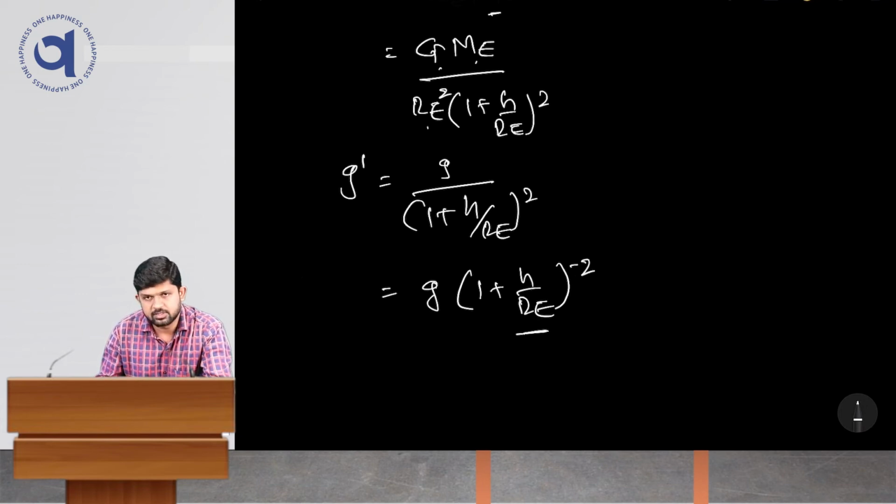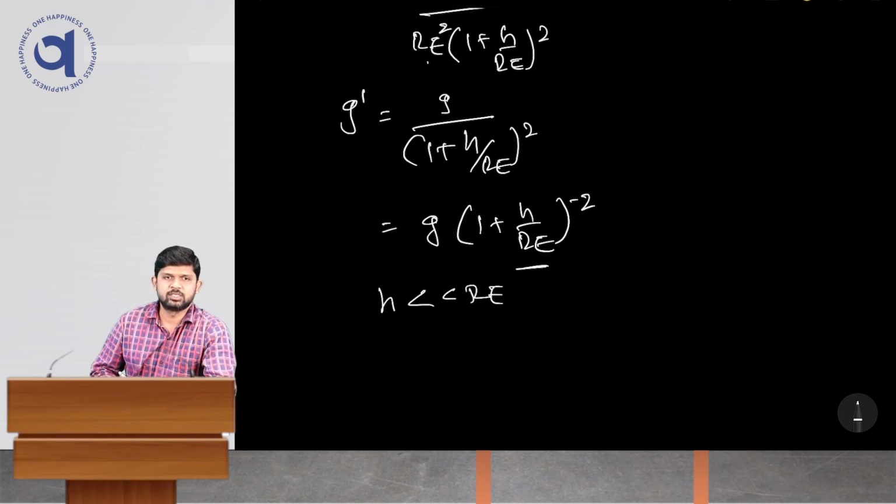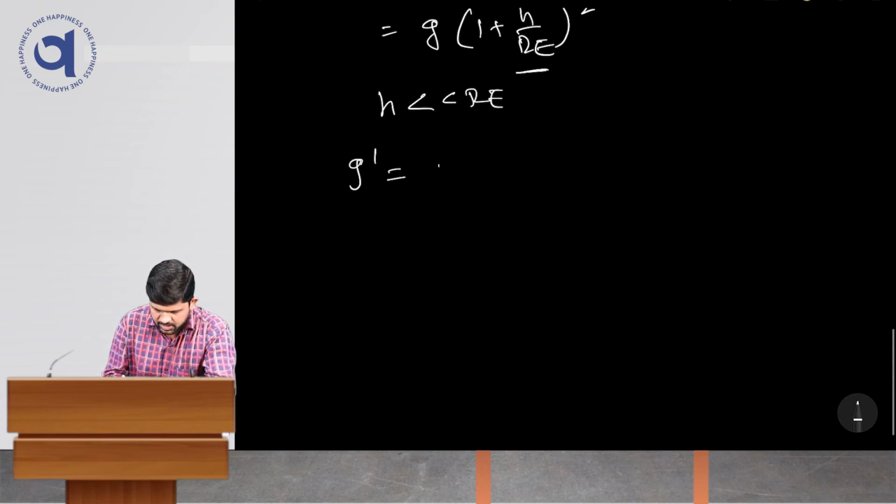Now let us check this second term. This h is very small compared to re, if the value of h is nearly about 10 kilometer or 20 kilometer. So in that case we can directly use the binomial theorem, which we discussed just now. So g dash is equal to g into (1 minus 2h by re).